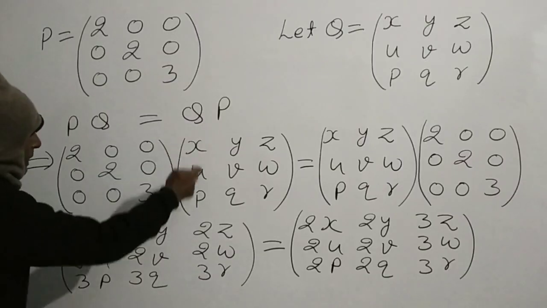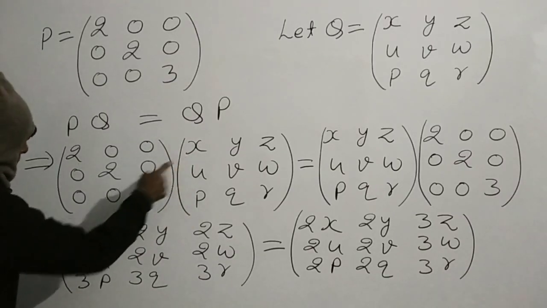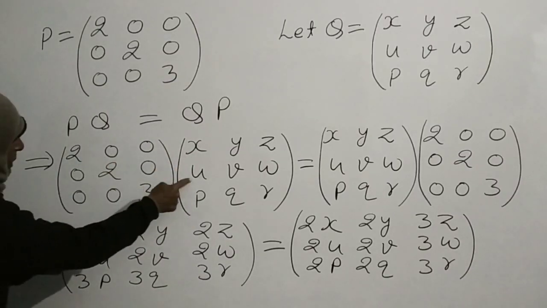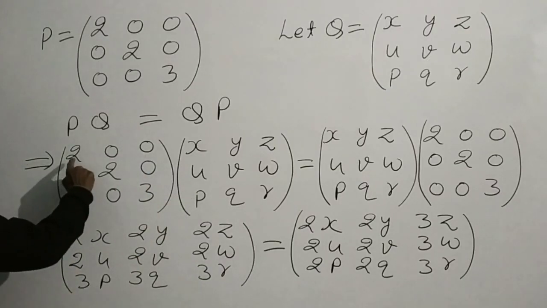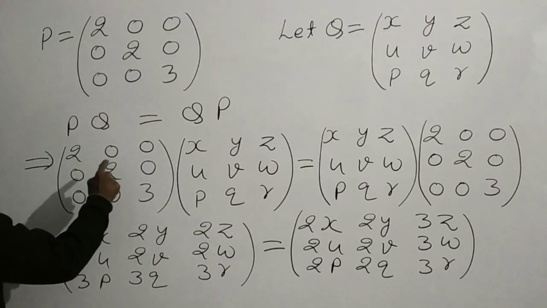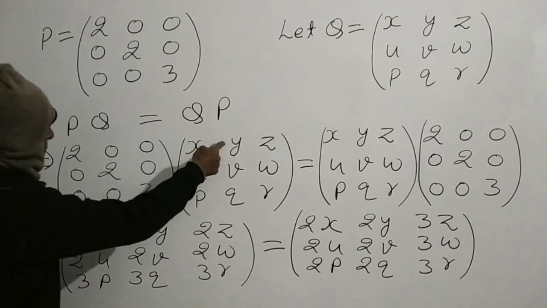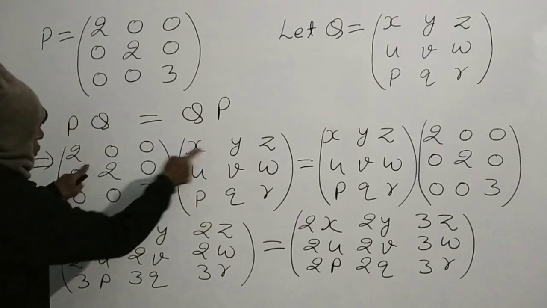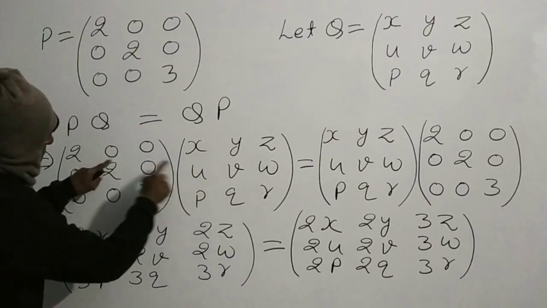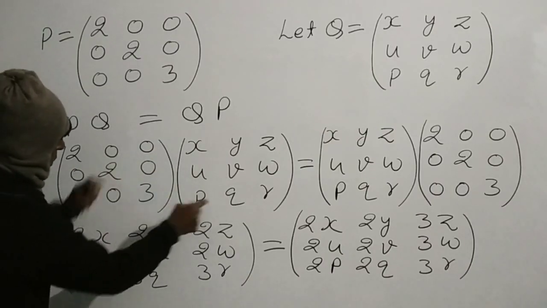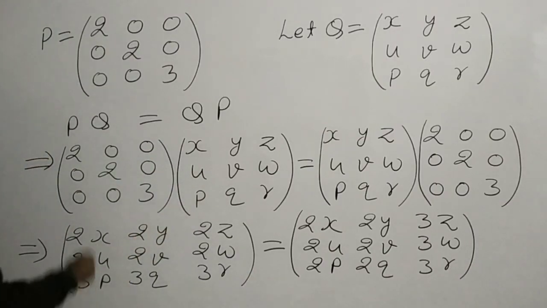This row with this column: 2x plus 0 plus 0. This row with this column: 2y plus 0 times v plus 0 times q means 2y.